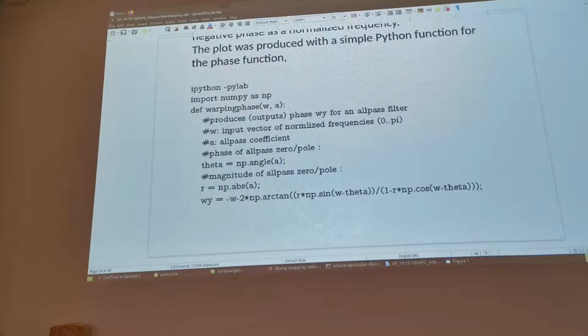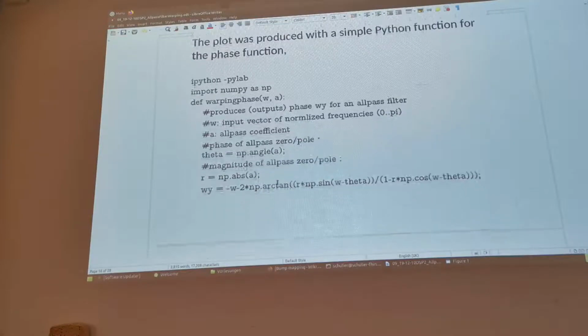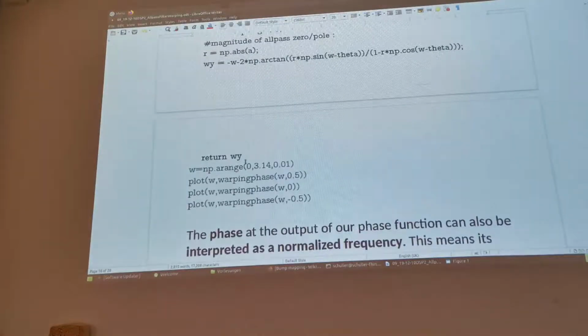First, here is a plot of the phase of a simple all-pass filter. The warping phase function takes the normalized frequency omega, or W here, and this coefficient A, and implements the formula that we just had from the book. It defines R and theta as the angle of A, and returns this angle.